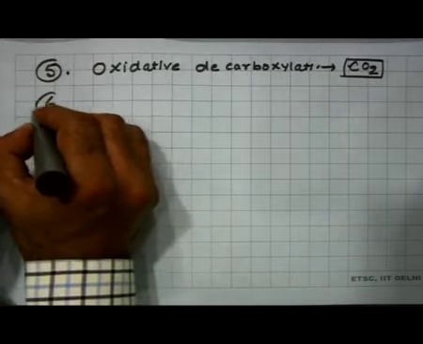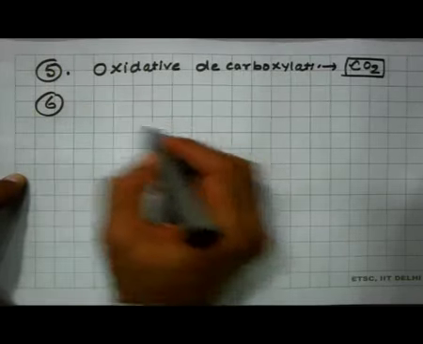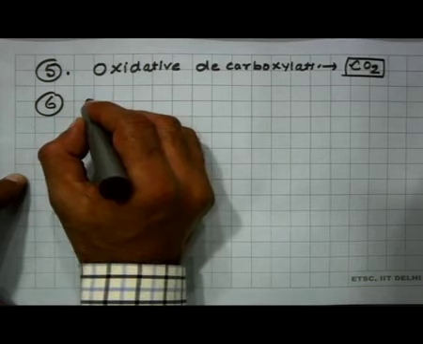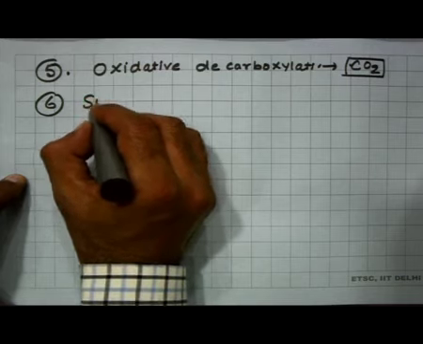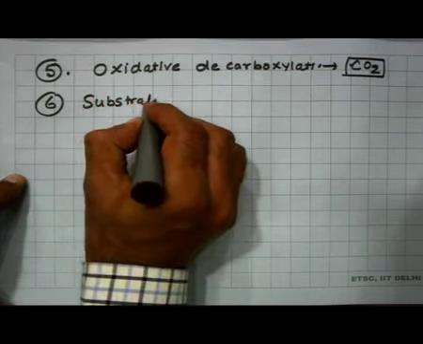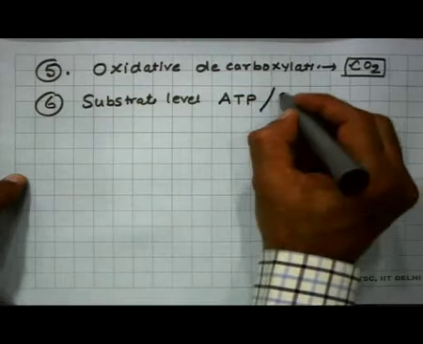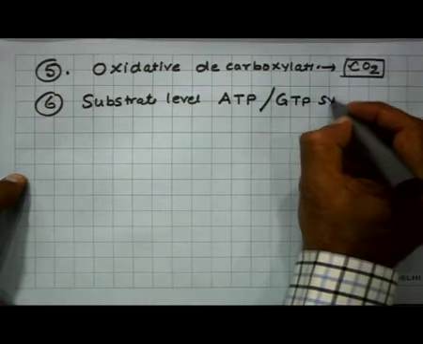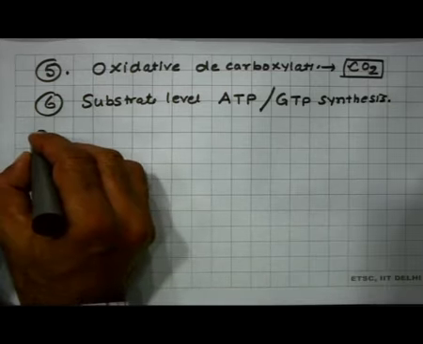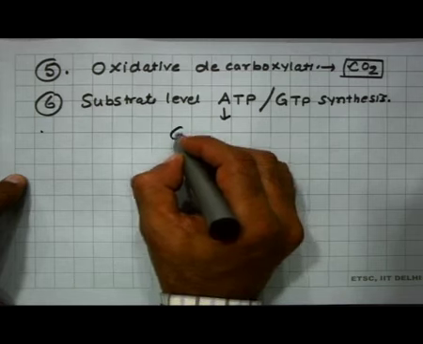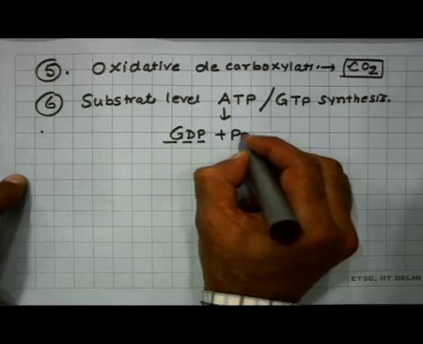Now, the 6th step is very important. Here substrate level ATP synthesis takes place. Here there is formation of GTP, which is finally converted into ATP. So, the 6th reaction is substrate level GTP synthesis. Here GDP, guanosine diphosphate, combines with Pi.